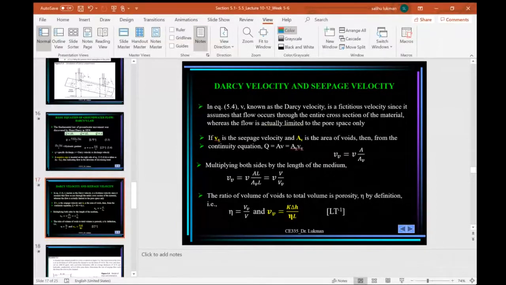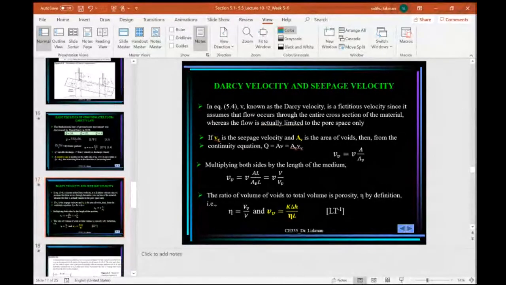A times V, the flow within the entire cross-sectional area, is equal to the flow within the tiny spaces of the voids, where we have the seepage velocity. Here we made V subscript V the subject of the formula. A is the total area of the cross section, while A subscript V is the area of the voids.